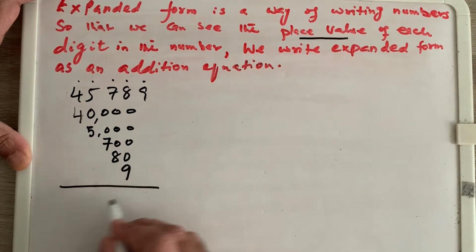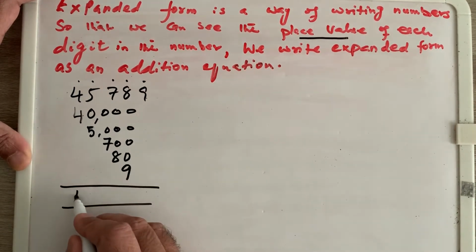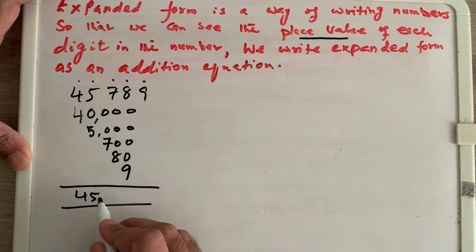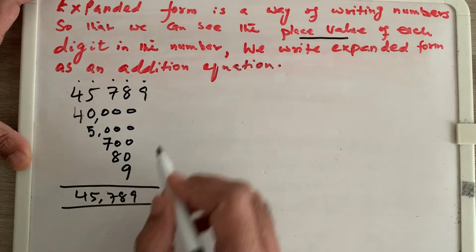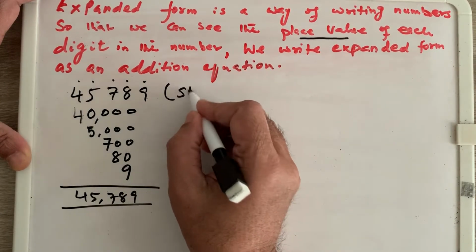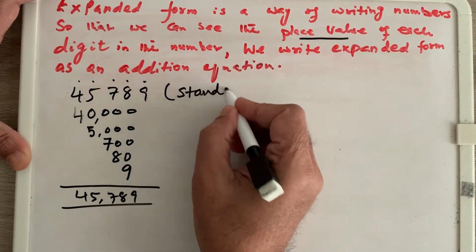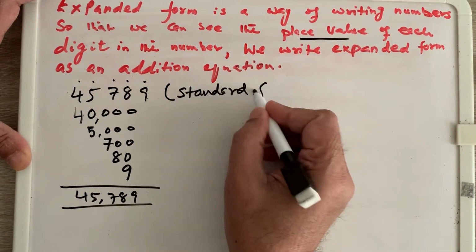So if we add all these numbers, we have 45,789, and that is what is called standard form. How we write the digits is called standard form.